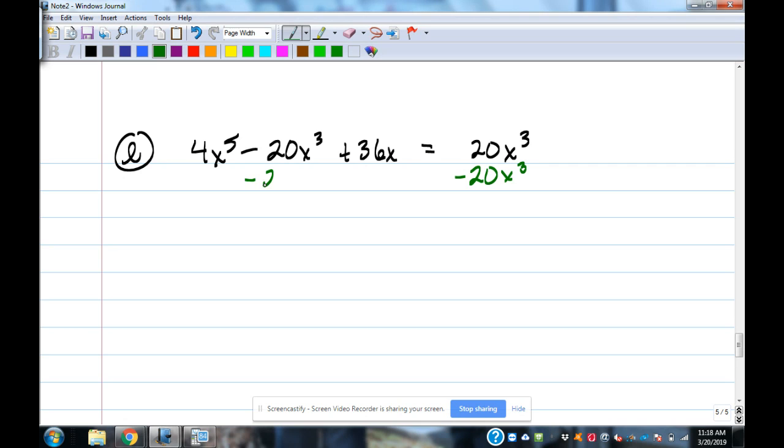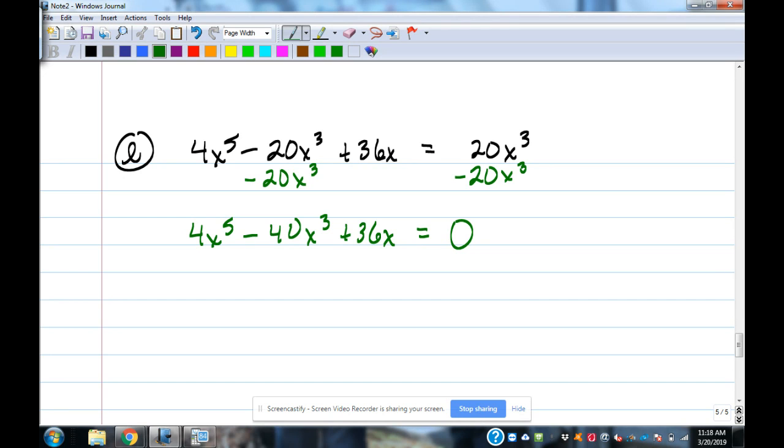Why are you doing that? Yeah, so the main focus here is to get 0 on one side of the equation. If you get that, then you're ready to factor. Just so happens that we've got a like term over there. Doesn't necessarily matter if it's a like term or not, but it happens to be for this one. So we get 4x to the 5th minus 40x cubed plus 36x is now equal to 0.